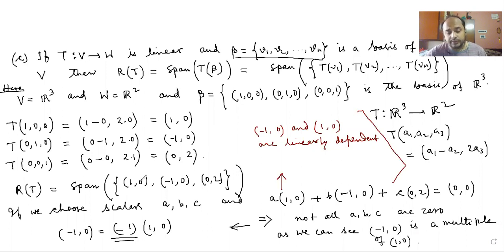Both are true, but either of these two will be omitted from the spanning set. One of these items is becoming redundant. So I'm omitting (−1,0) because I'm very much afraid of negative numbers. You can omit (1,0) also, but I do not have this much courage.